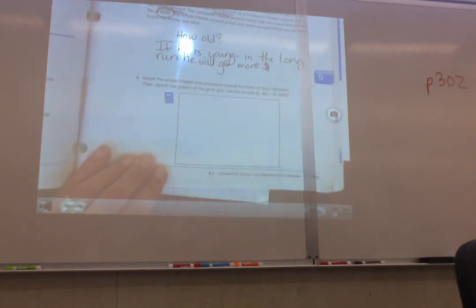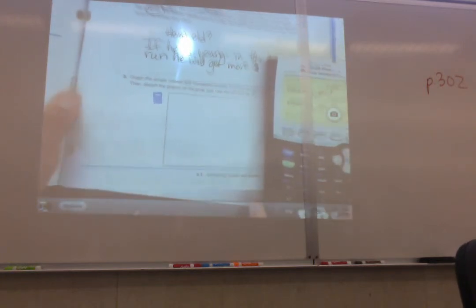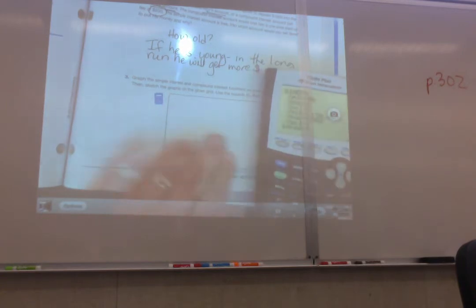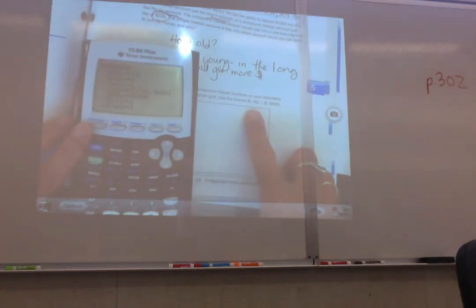Number 3. Graph the simple interest and compound interest functions on your calculator, then sketch the graphs on the given grid. Use the bounds of 0, 40, and 0, 6,000. Okay, calculators. The first thing that we're going to do is go to Window. That little boundary that they gave us is the X-min, X-max, Y-min, Y-max.